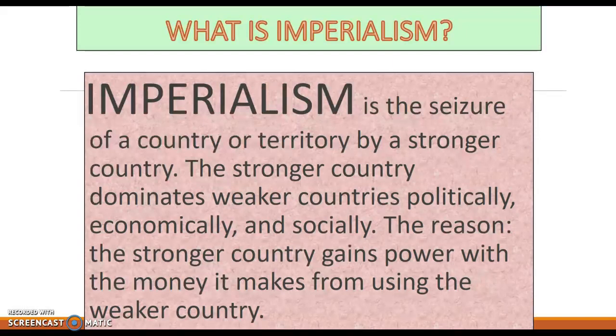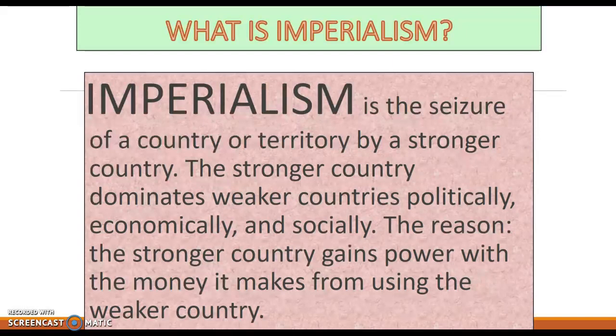So what is imperialism? It's a difficult concept for us to think about sometimes. Imperialism is the seizure of a country or territory by a stronger country, and then that stronger country dominates weaker countries politically, economically, and/or socially.